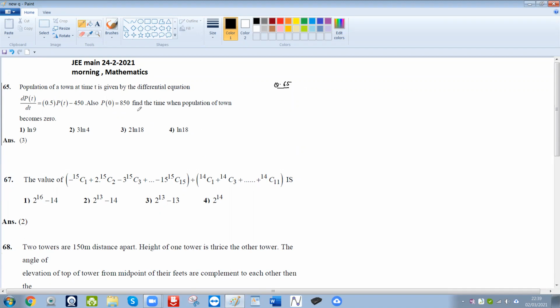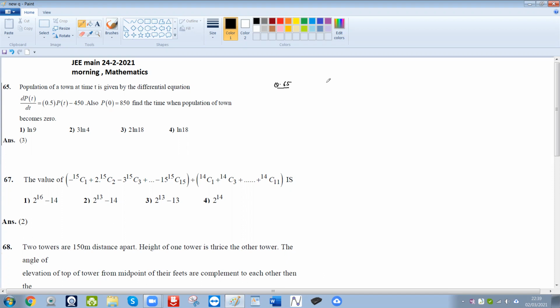We have to determine the time when population of the town becomes 0 and initial value of population is given to be 850. So this is a question based upon application of differential equations.